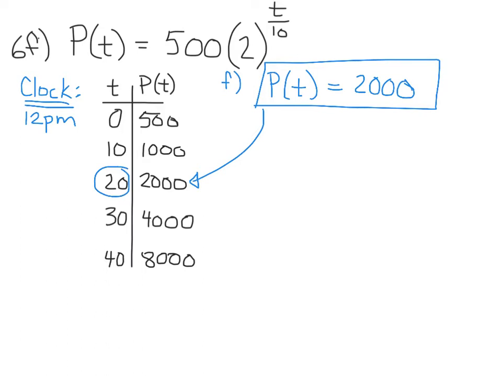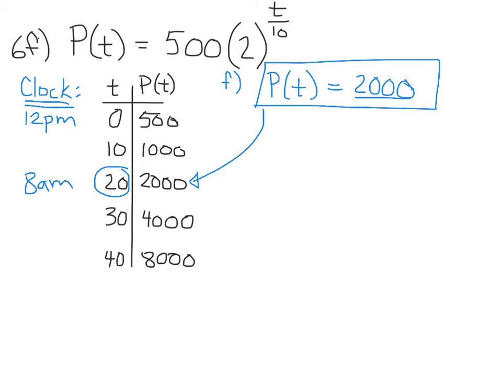And so you could just add 20 hours to 12 p.m. You can use your fingers, count 20 hours from there, but you know 12 hours later will be midnight, and plus another 8 hours will be at 8 a.m. the next morning. So how do we actually figure this out mathematically?